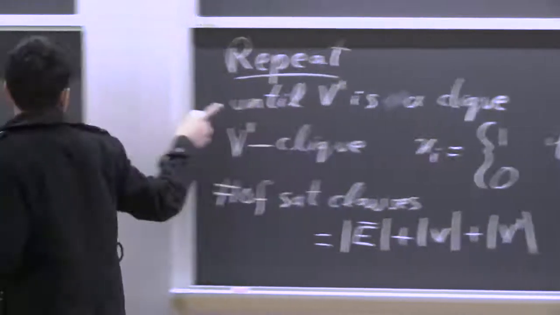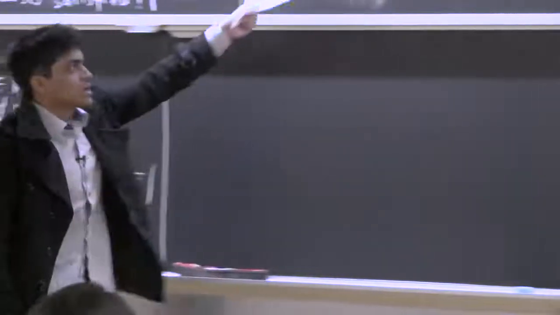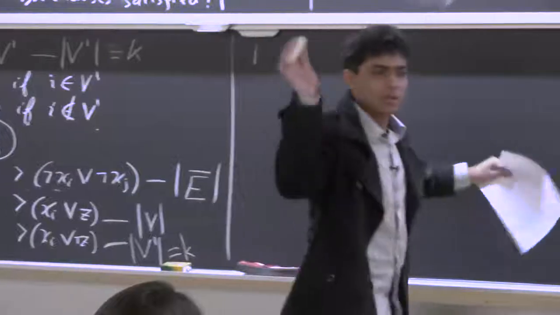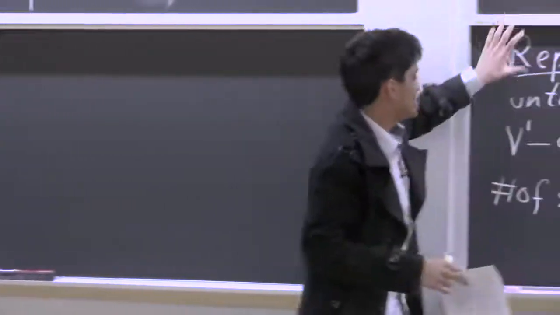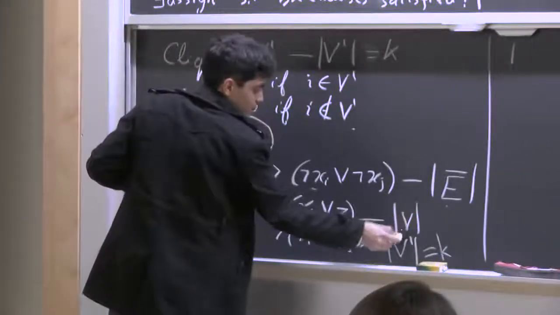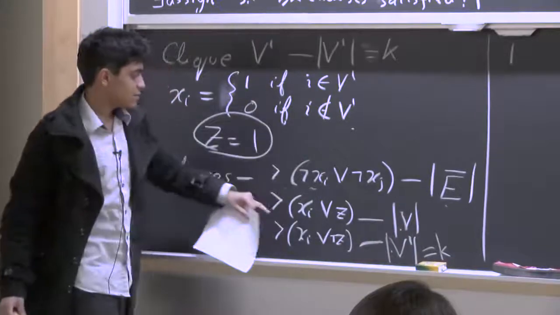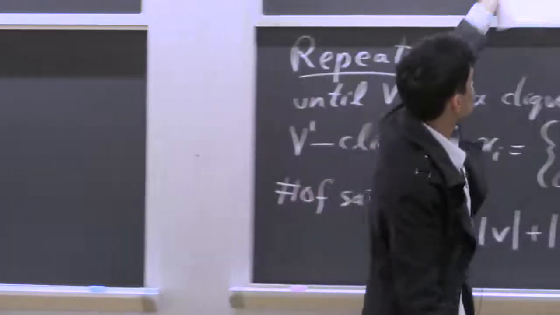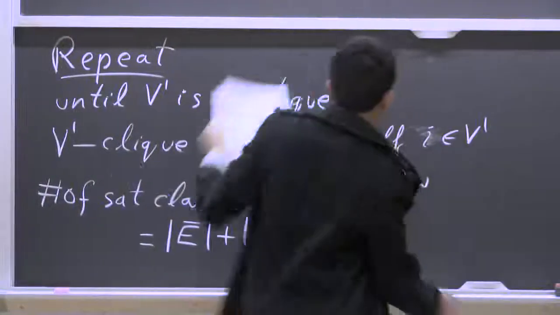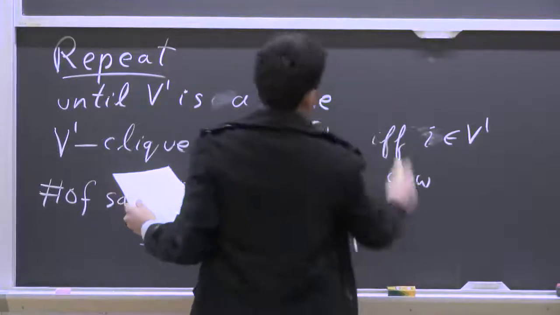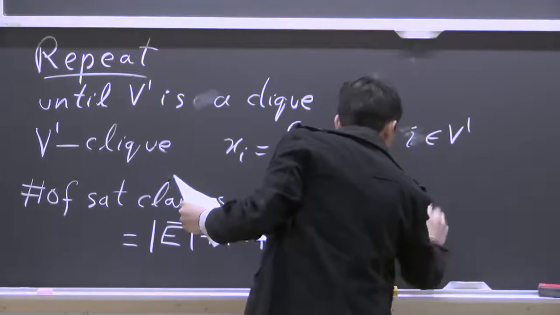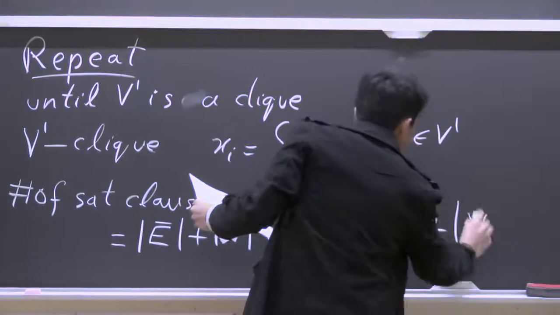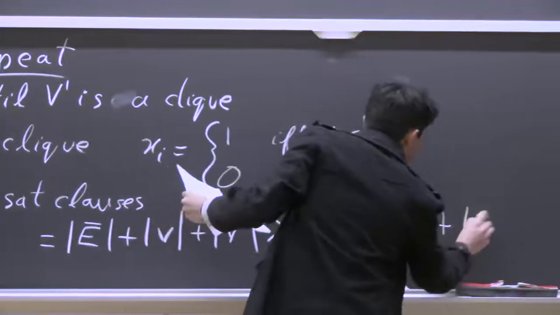Realize that v dash here is not k. Does that make sense? You started with some set, you started deleting some elements, you threw them away randomly, but you ended up with some v dash. And by this argument, you had e bar plus mod of v plus mod of v dash. E bar from this clause, v dash from this clause, v dash from this clause. So you end up with this. And because of what we showed here, it does not change the number of satisfied clauses. It's still greater than or equal to mod of e bar plus mod of v plus k.